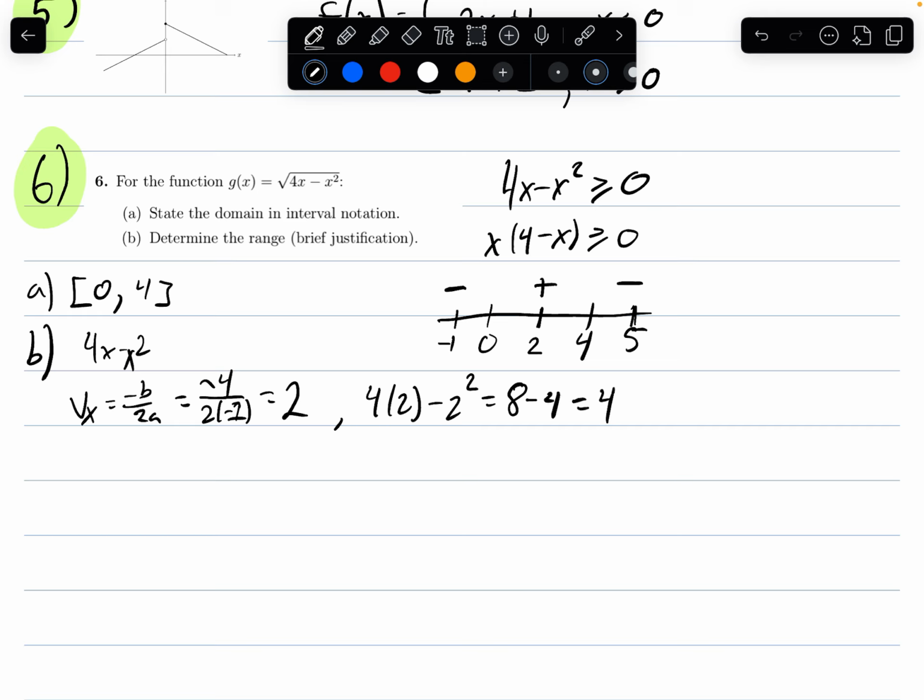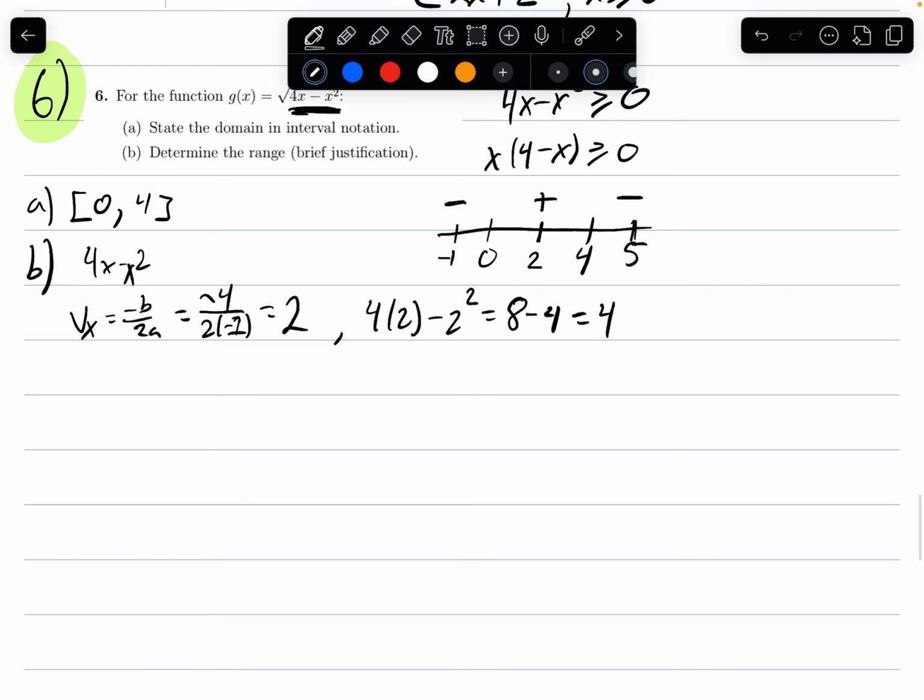So the maximum value is 4. So now we know the absolute height is 4, and the absolute minimum is going to be 0 because that's the smallest value I'm allowed to plug in. So the range is from 0 to 4. So for B, we get 0 to 4.